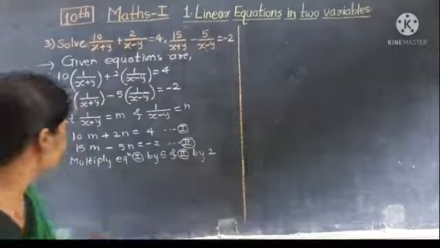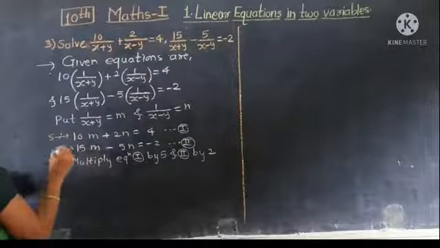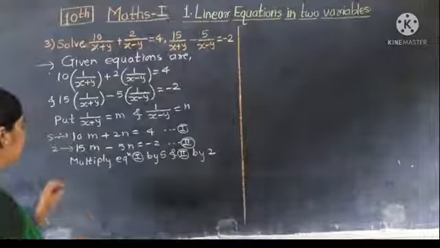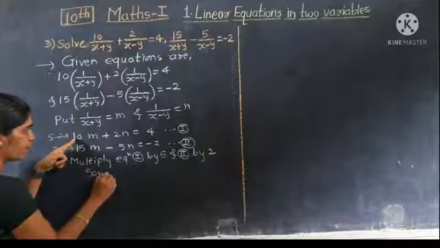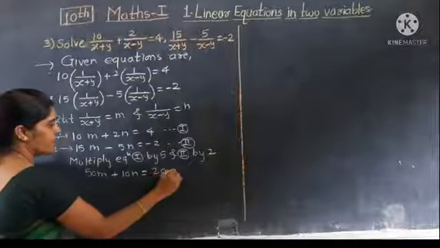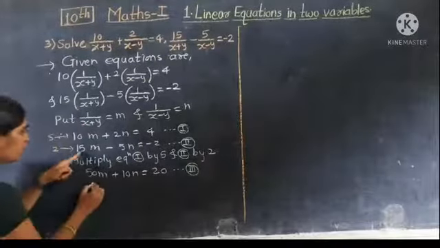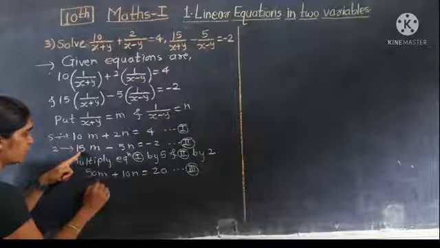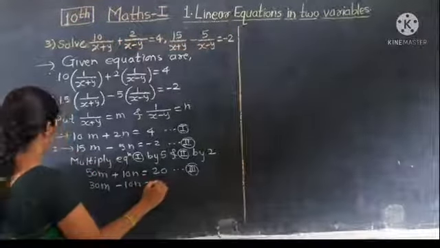So here you multiply this equation by 5 and this equation by 2. What happens? 5 into 10, 50m plus 10n is equal to 5 4 is 20. And here you multiply by 2, 2 15 is 30m minus 10n is equal to 2 2 is 4.